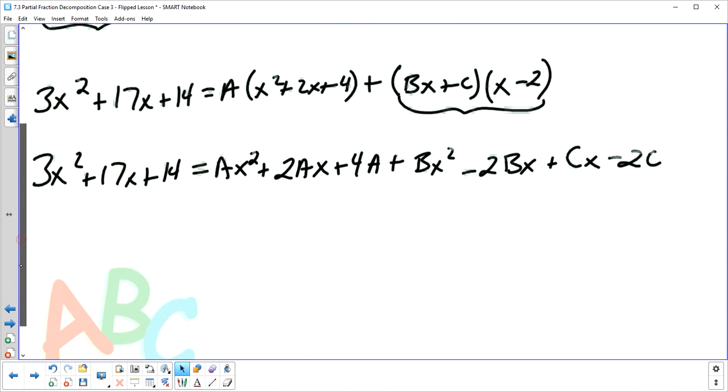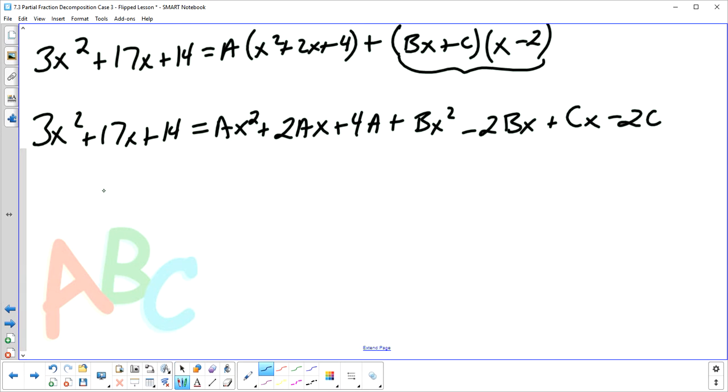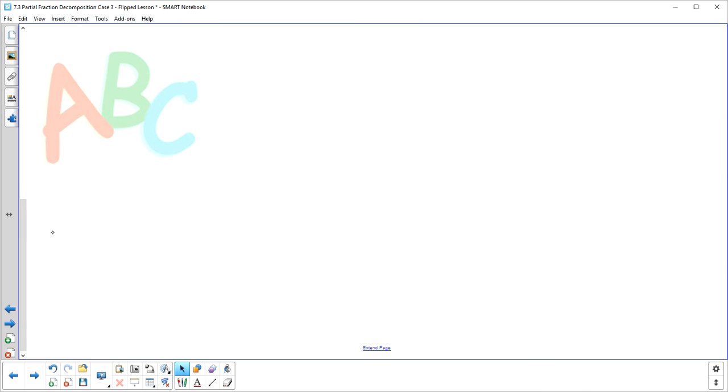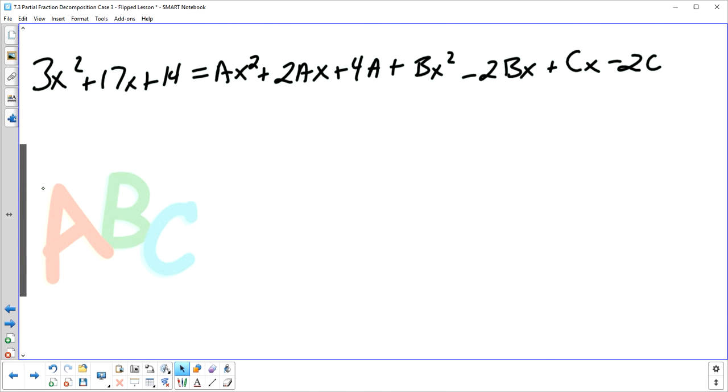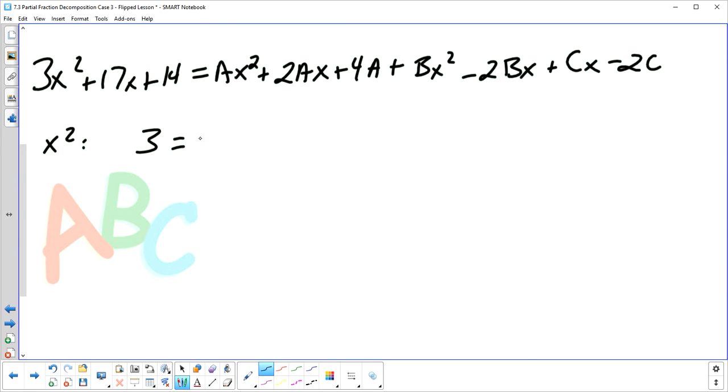And from here it is again just like the last one we did, so we need to equate coefficients. We're going to make a system and then use a matrix to solve that system to figure out what a, b, and c are. So if I look at my x squared terms, my equation would be the coefficient on the left side, 3, and then a plus b, because we only have an a and a b on that side.